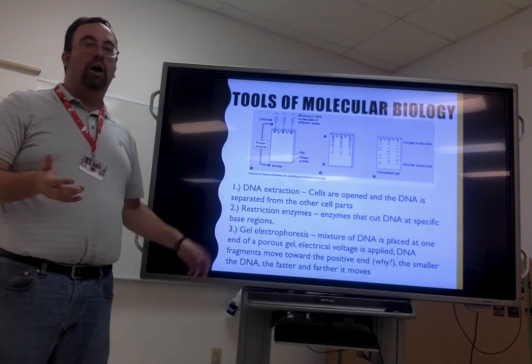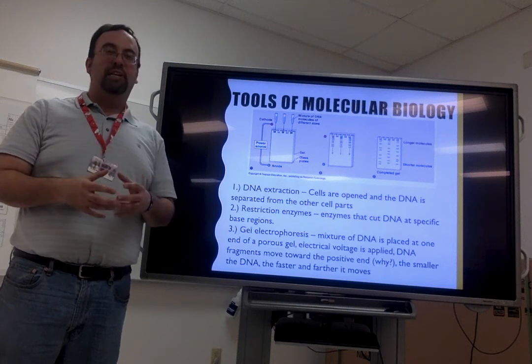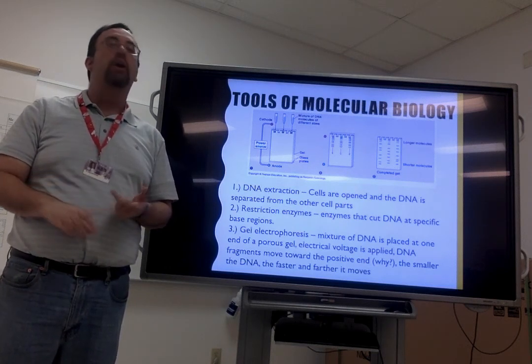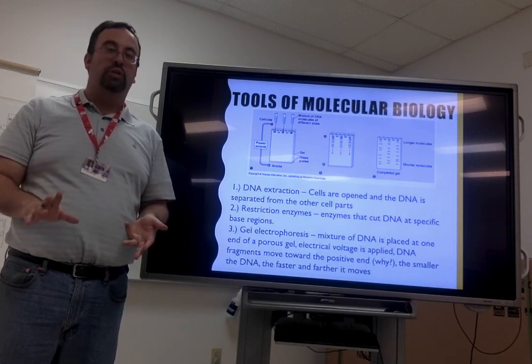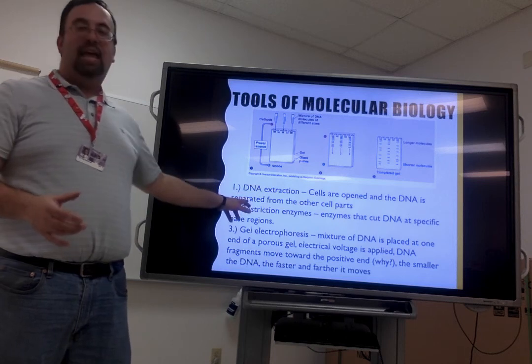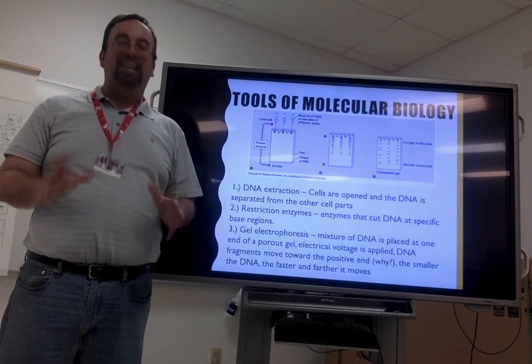What you typically do is grow up a culture of cells, and then you basically break them apart. You can use sound, you can use cold, and there are other techniques you can use to do this. Then the DNA is separated from the other cell parts using centrifugation.